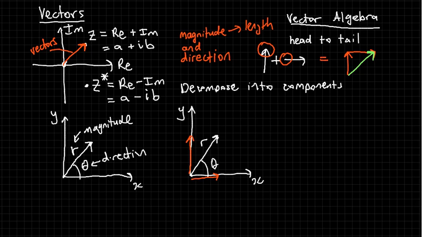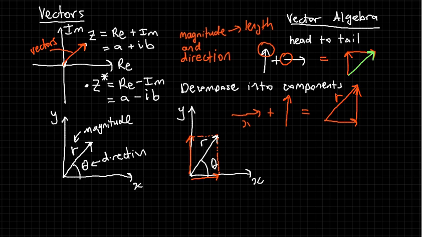And using our rules of vector algebra, we can add x to y and we'll actually get this vector r. So if we do this, this is our x, and we add that to our y, we will get x plus y, and we'll get back our vector r. So how do we do this? Well, we can just simply use our rules of trigonometry in order to work out the components of this.